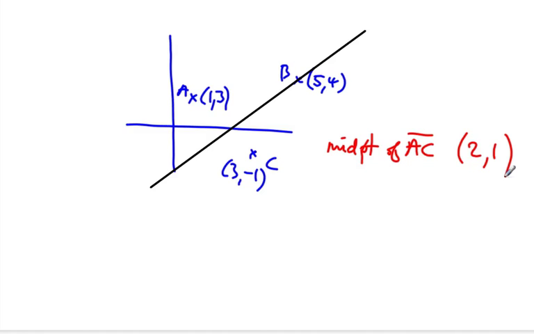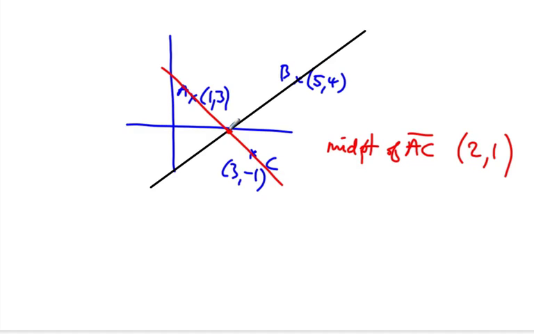So (2, 1), this point here somewhere, and of course I haven't done it to scale, but if we join those together, this midpoint would be (2, 1). So now we've got (2, 1) and point B, which is (5, 4).